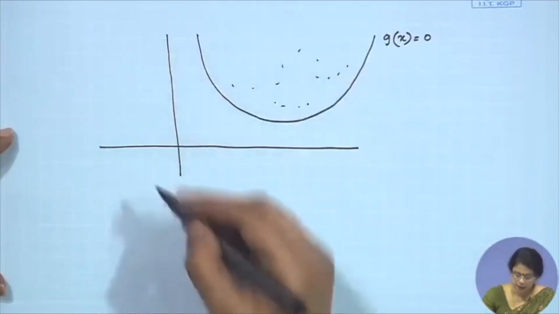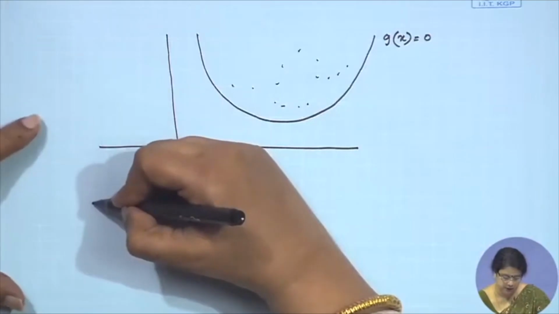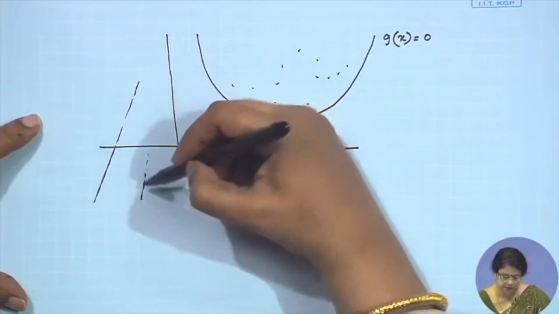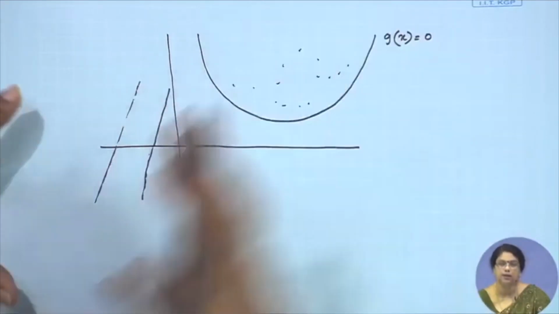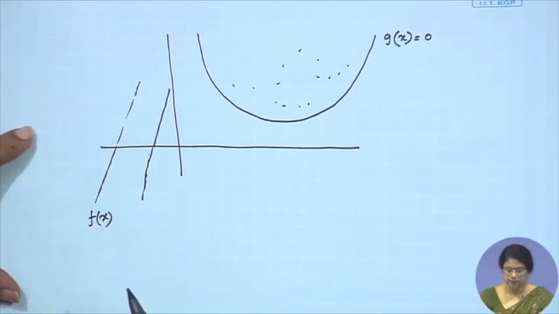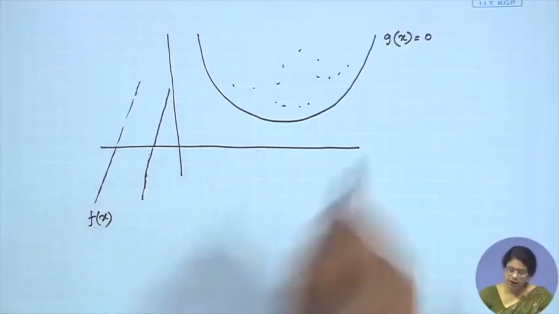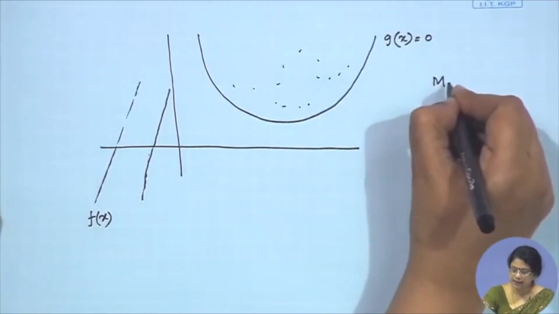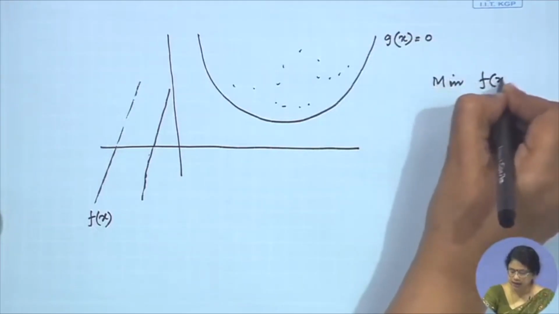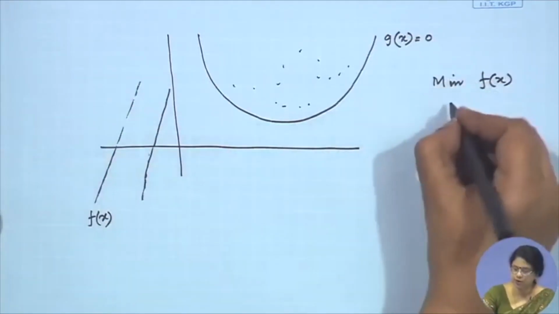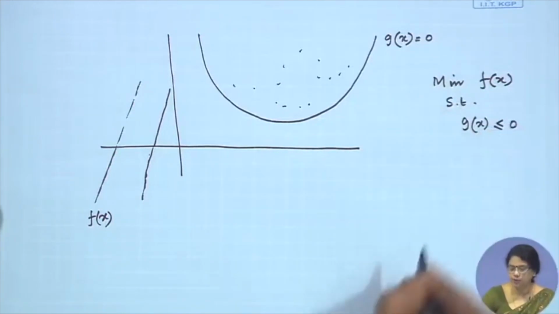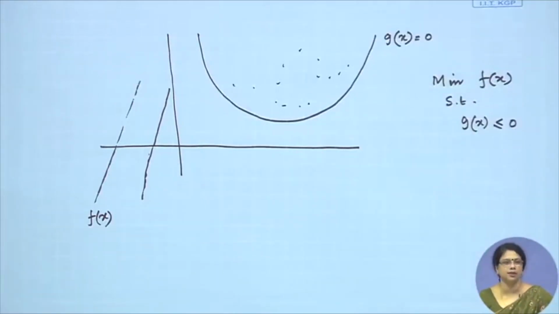Now, there is one objective function, and these are the level curves of the objective function, say f(x). We have the minimization of f(x), a linear function, subject to g(x) less than or equal to 0. This is the only thing given.